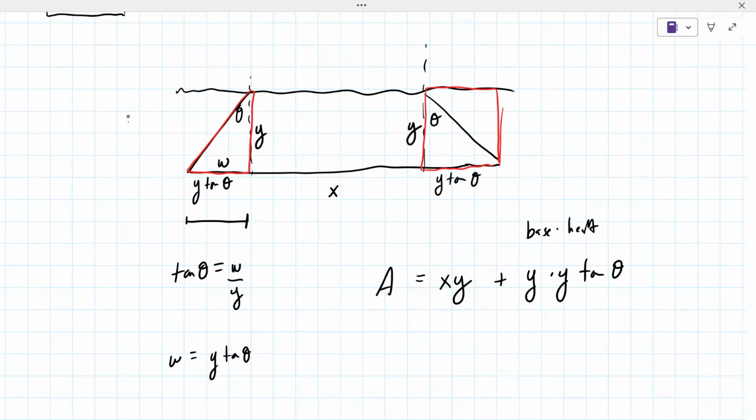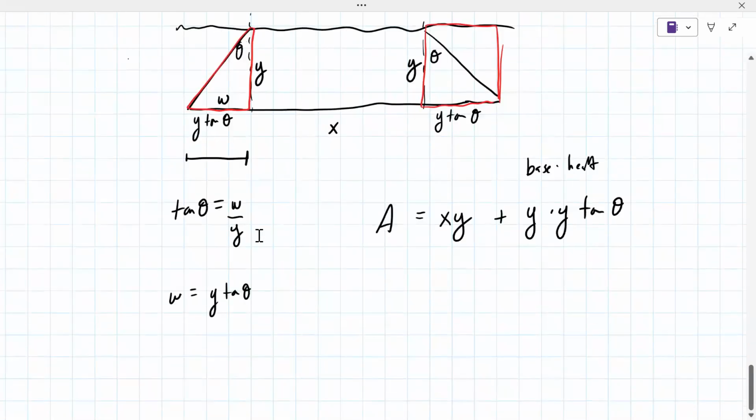But somewhere we're told how much fencing that you have. Yeah, I think it did tell me how much fencing it is. That's what we've now got to find. I'll call this C. We've got to find C. So if we do the cosine theta, it's y over C. So C equals y over cosine of theta.